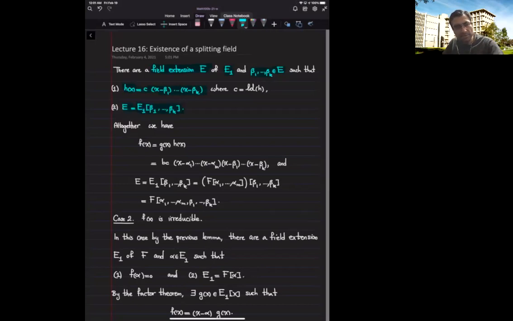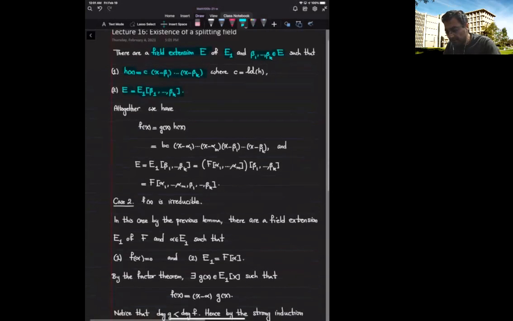Now, if I combine these two together, I end up getting that the polynomial f, which is the product of g and h, is a constant term b times c times these linear factors x minus alpha i's for g times the linear factors x minus beta j's for h. And the field E is generated by E1 and the beta j's, but E1 itself is generated by F and the alpha i's.